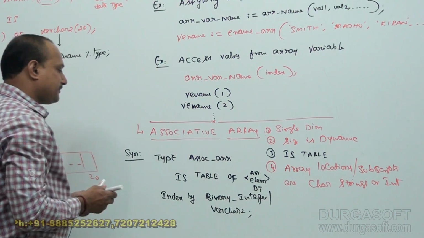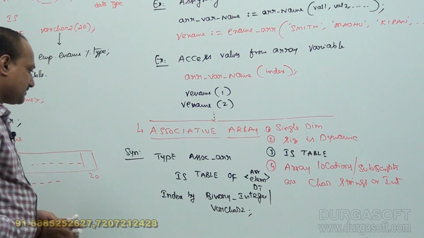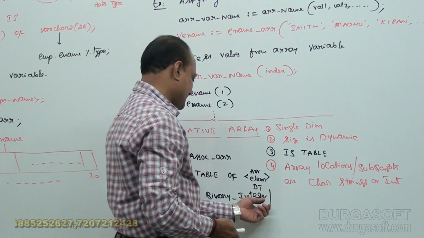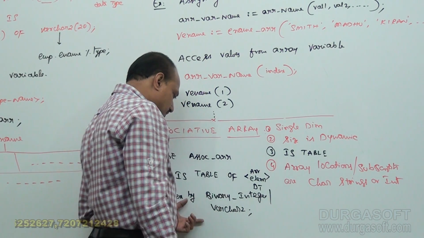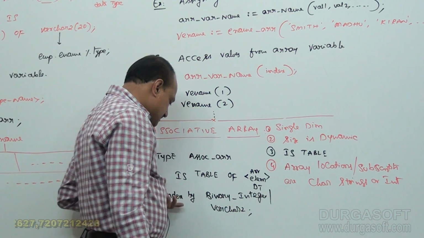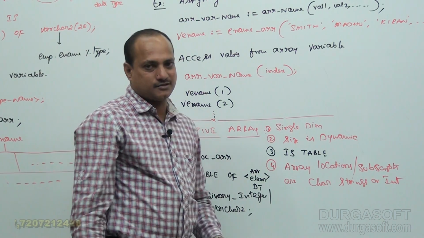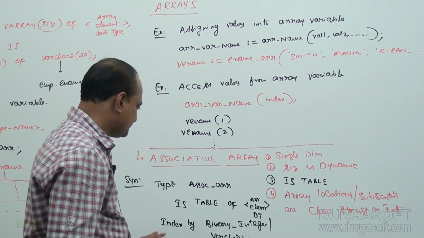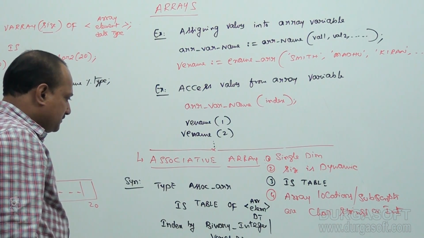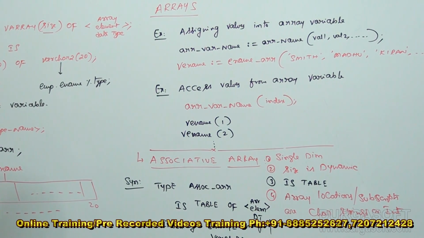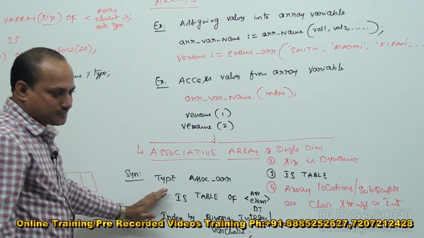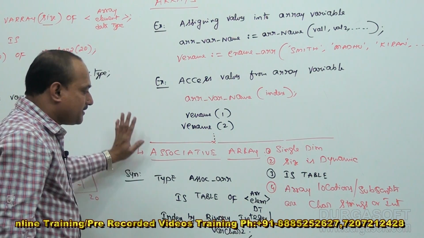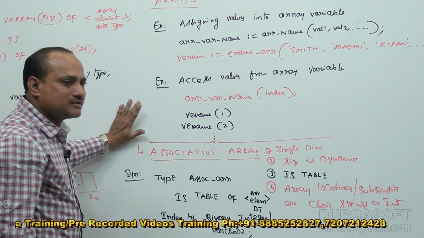If you want to identify with integers, just specify INDEX BY BINARY_INTEGER. If you want to identify the locations with character values, specify INDEX BY VARCHAR2. Remaining everything is the same. Just compare this VARRAY structure and associative array structure. Nested table is different, it's a multi-dimensional array type.